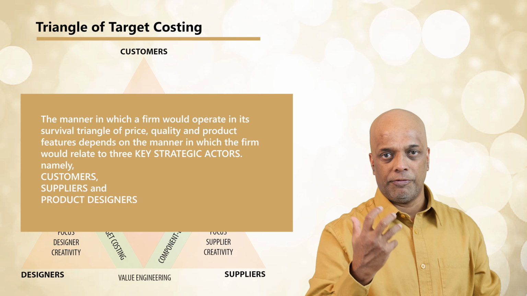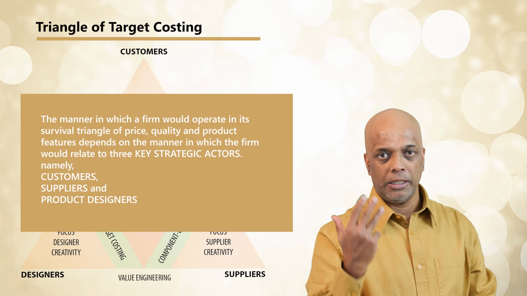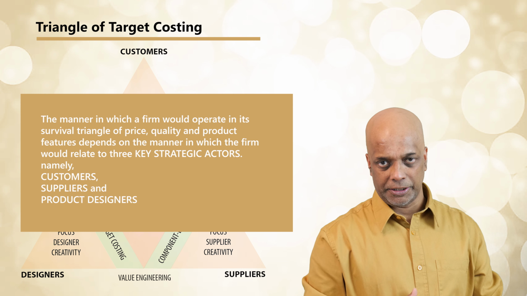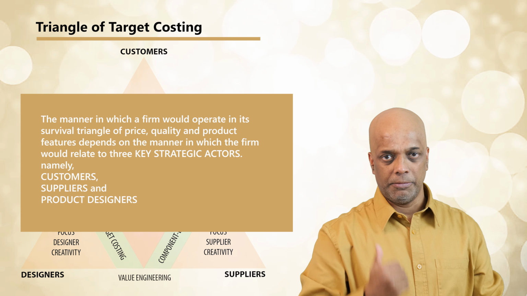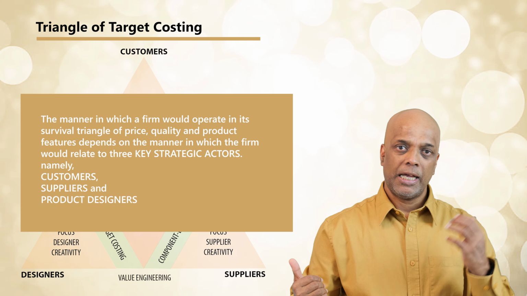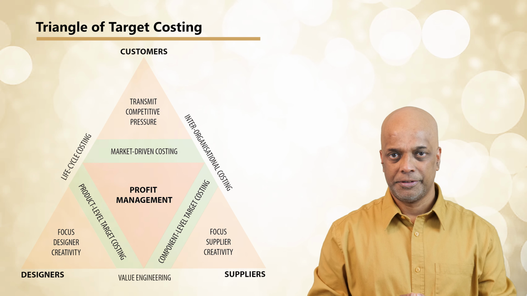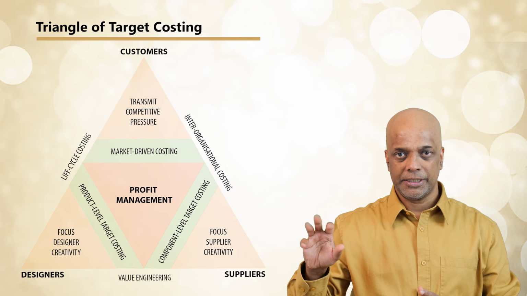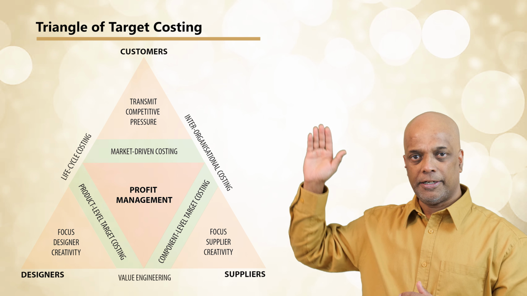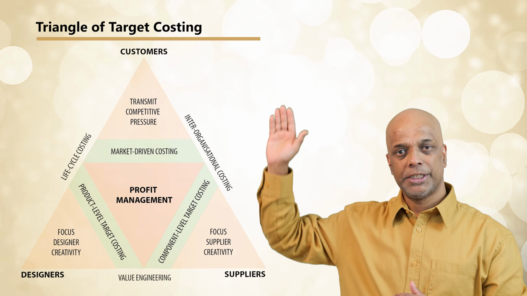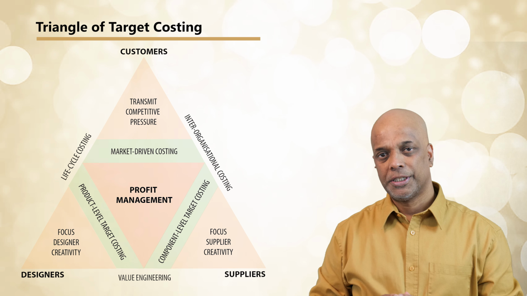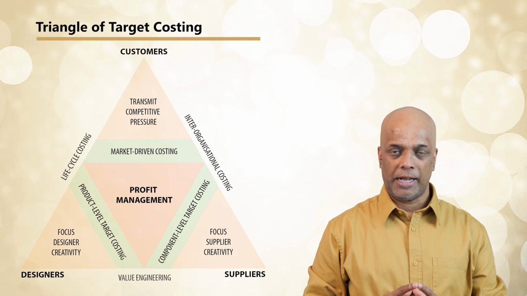the manner in which a firm would relate to three key strategic actors: the customers, suppliers, and the product designers. And these three actors are located in the three corners of this target costing triangle.